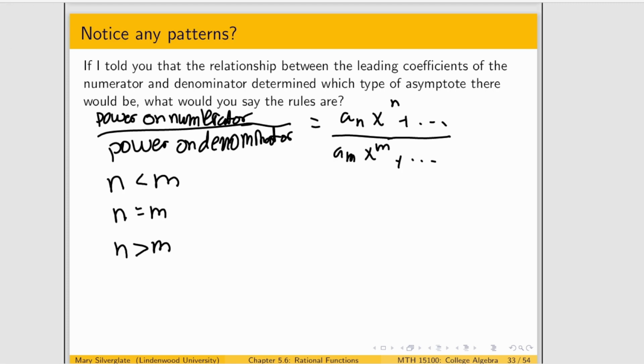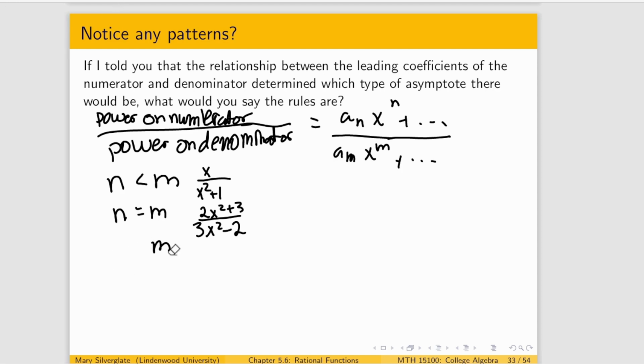So if n is, let's say, something along the lines of x over x squared plus 1, n is less than m. If they're exactly equal, such as 2x squared plus 3 over 3x squared minus 2.